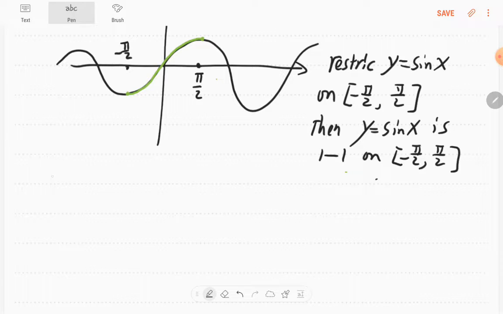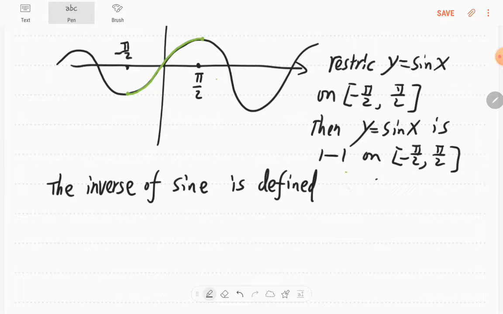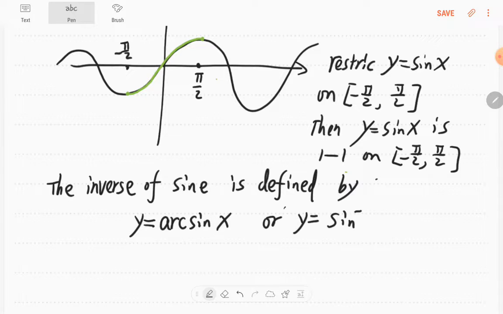The inverse of the sine function is defined by y equals arc sine x, or we can write y equals sine inverse of x. Here this negative 1 is not the power, it represents the inverse function.